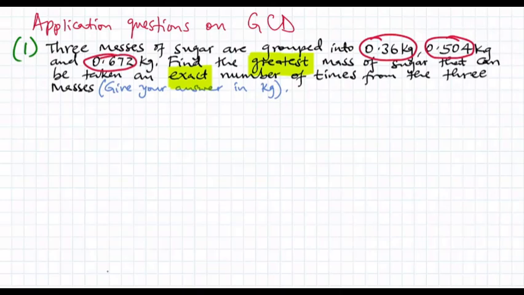So the first case, since they are in decimal place, I'm going to convert them to grams so that I work it out, then I will convert it later to kilogram, because the question asks us to find the final answer in kilogram. Therefore, 0.36, converting to gram, multiply by 1,000.